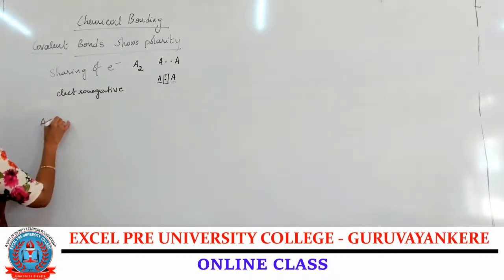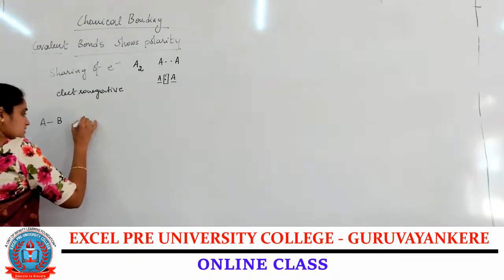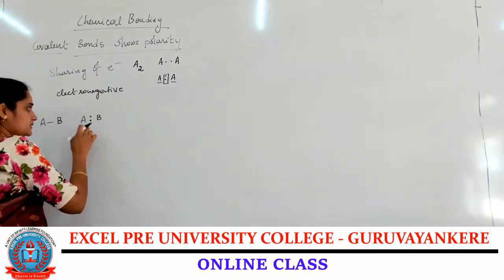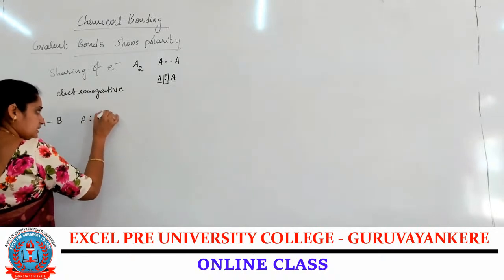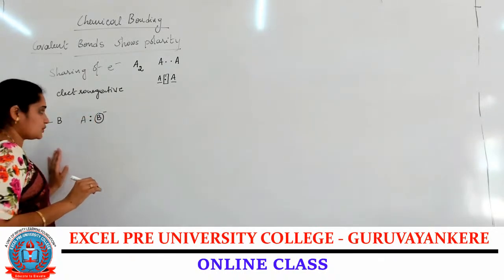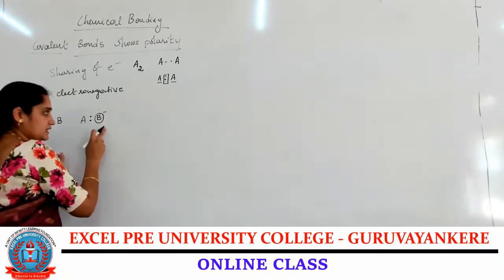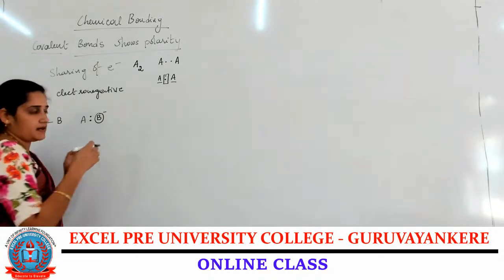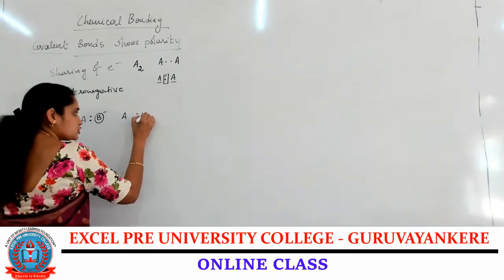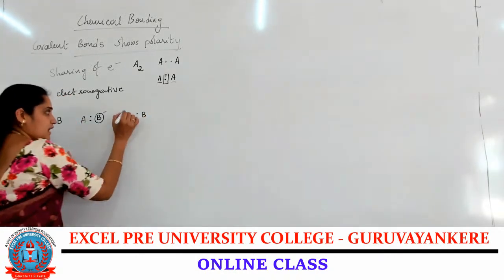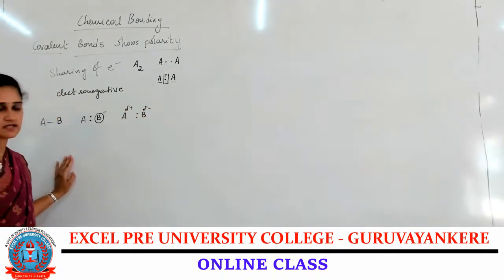Now, if A is bonded with B, and B is the more electronegative one, it attracts the shared pair of electrons towards itself. So the A atom gets a partial positive charge and the B atom gets a partial negative charge.